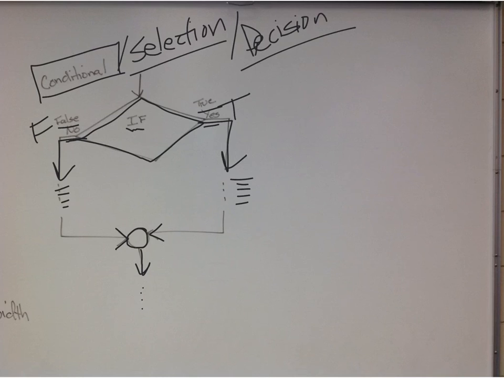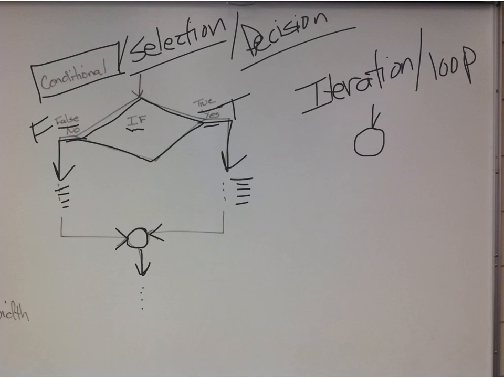So we have sequential, conditional, and now our last one is iteration. Iteration, a lot of people call this creating a loop. So the first one we're going to do, we have a connector, and then we're going to decide.